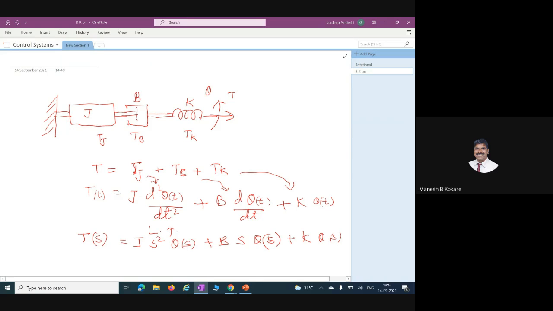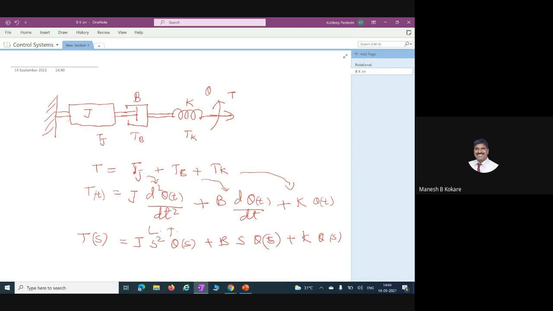Now, basically the input is the applied torque, and the output is the angular displacement. So theta(S) is the output, and the input is the torque T(S). You know that the transfer function is the ratio of the Laplace transform of the output variable to the Laplace transform of the input variable.